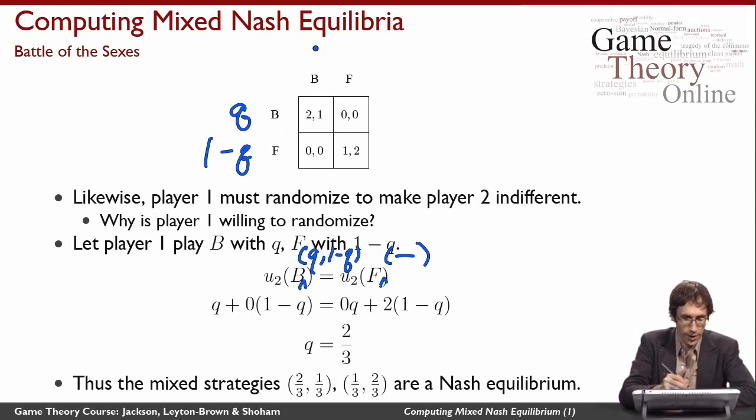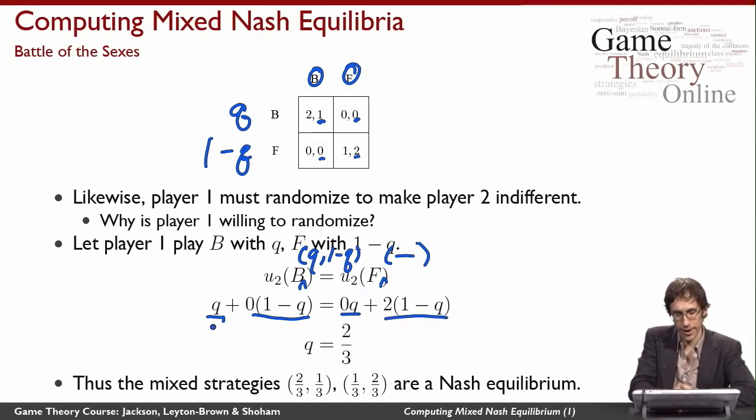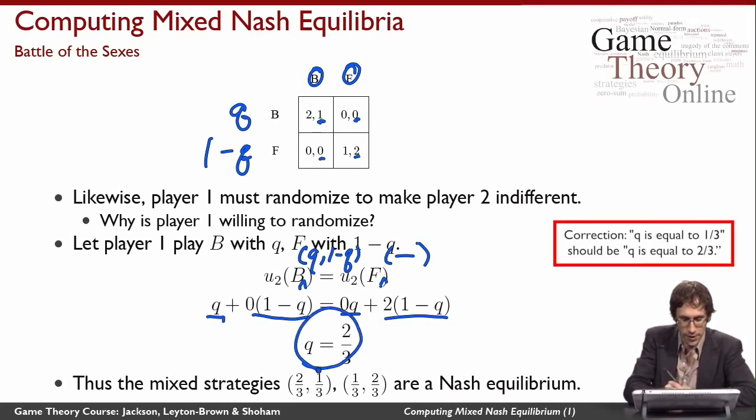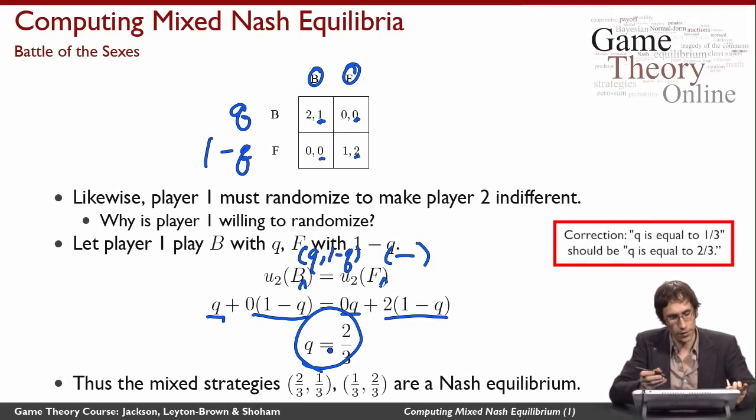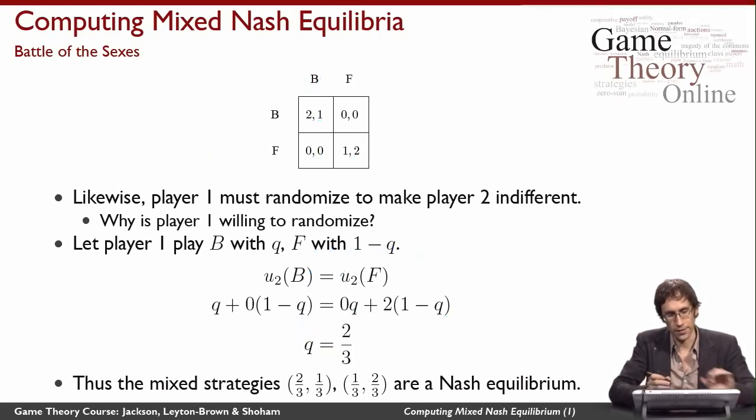So if player 2 plays B, then he gets 1 with probability Q, and he gets 0 with probability 1 minus Q. And if he plays F, he gets 0 with probability Q, and 2 with probability 1 minus Q. We now again have an equation in one variable, and we can rearrange it and find that Q is equal to 1/3.